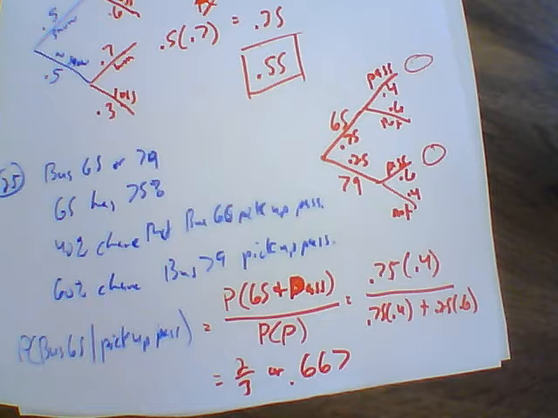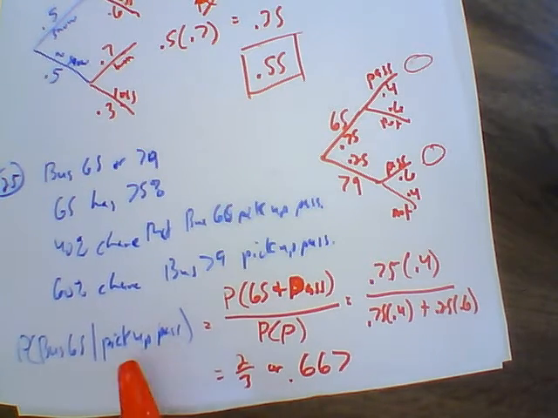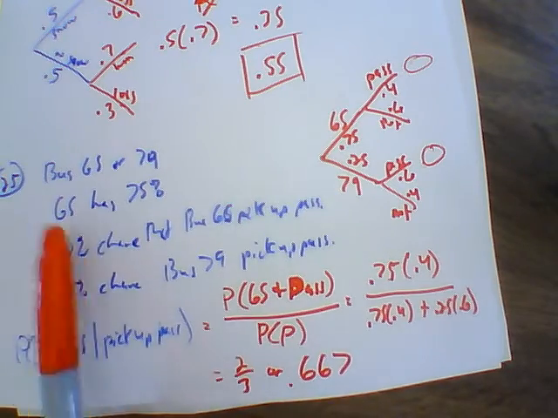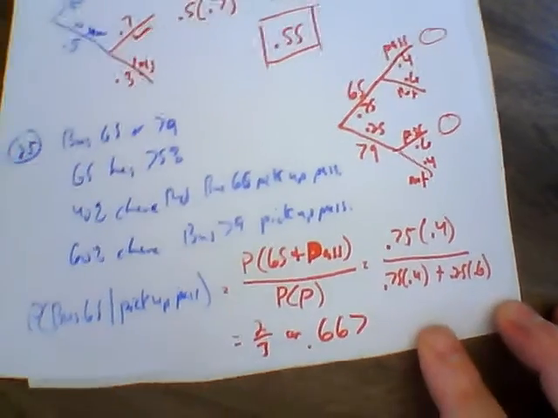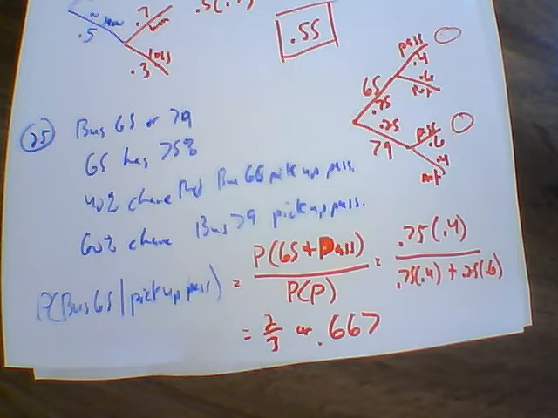So as we consider this problem, basically what it's asking us is that there is a 2/3 chance that if you picked up passengers, you're on bus 65. Okay? So even if you didn't know what bus you're on, there's a 2/3 chance that you're on bus 65 if it's picking up passengers, okay? That's kind of what that's relating towards.